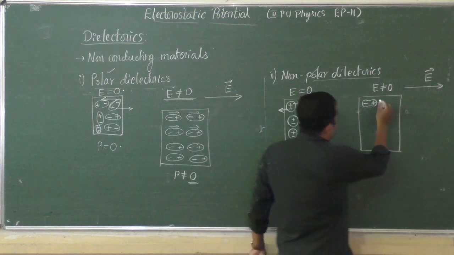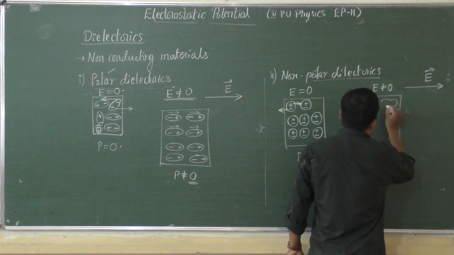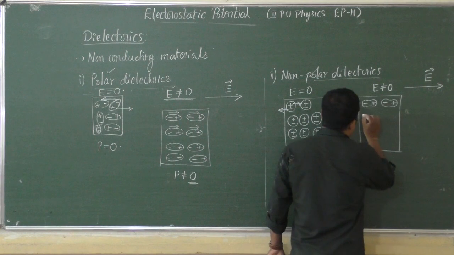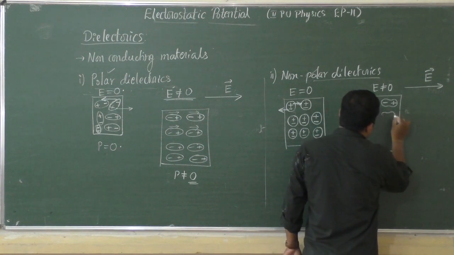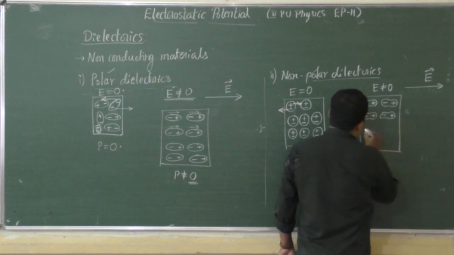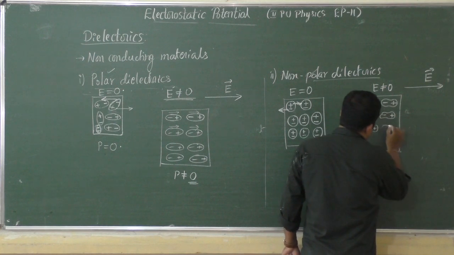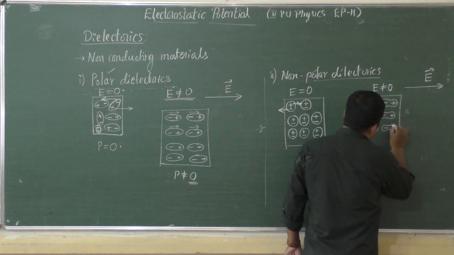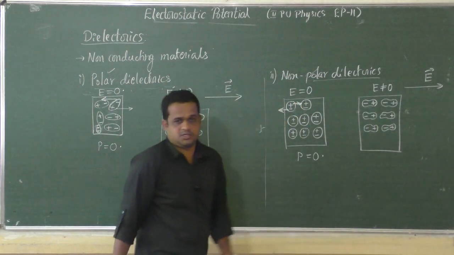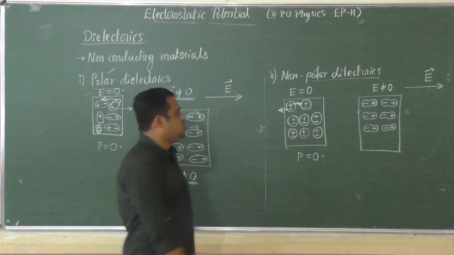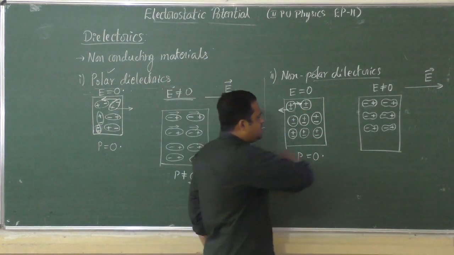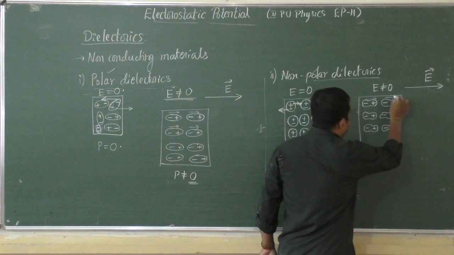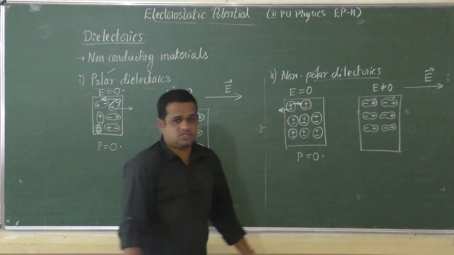This is true for all the molecules, like this we can write. In each molecule, due to the external electric field, dipole moment is induced, and all the dipole moments will be aligned along the same direction, that is, along the direction of the electric field.